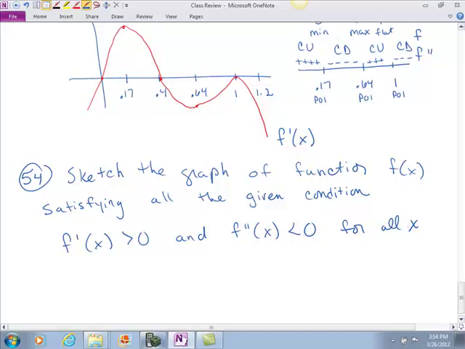Good, it's always increasing, right? Because f prime of x is always greater than 0. And what else is it doing? It's also always concave down because of f double prime of x.